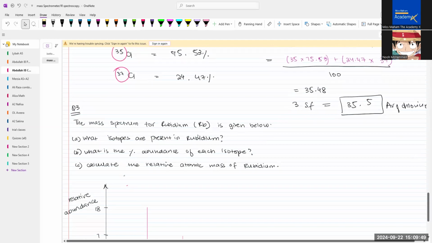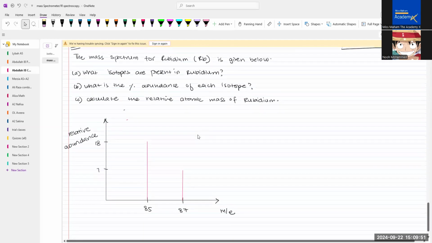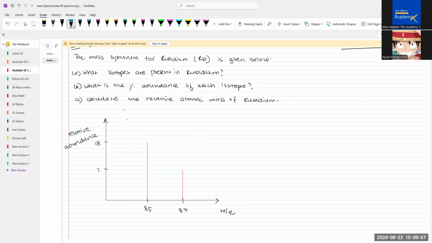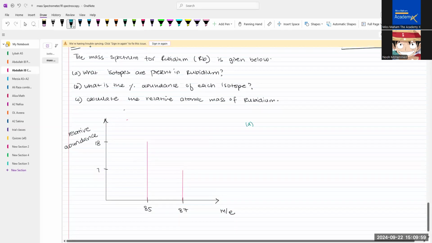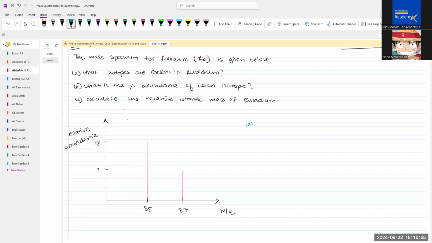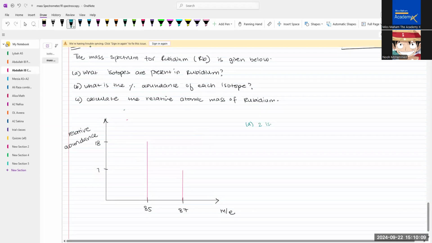Now coming back to the question, what isotopes are present in rubidium? So what can be the answer to this question? There's 2 isotopes. Yes. Which one? Rubidium, yeah, rubidium, but which one?